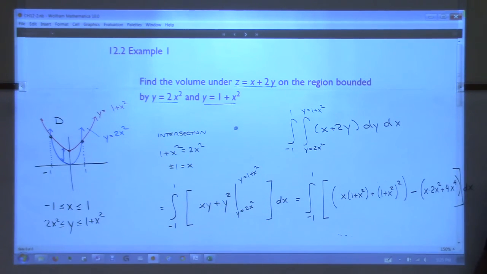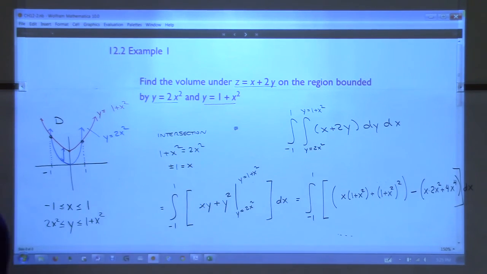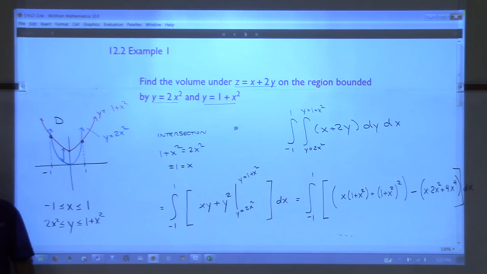So just as a heads up of where we're going with this, on the final exam, it's going to be really unreasonable for me to ask you to take integrals all the way down to numerical answers. So a lot of the problems on the final are going to be set up but do not evaluate the integral because of time.